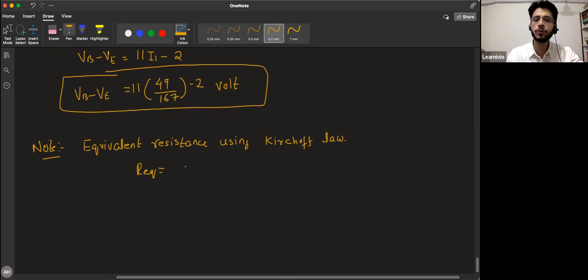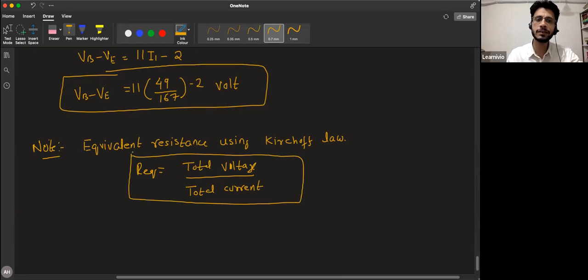The method is we will calculate total voltage across the circuit and then divide it by total current. This ratio of total voltage and total current is R equivalent.